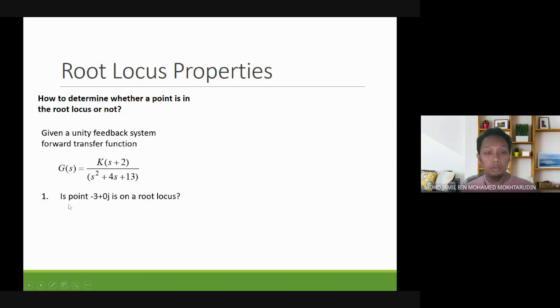Now we want to determine whether the point -3 + 0j is on the root locus of this unity feedback system. And lastly, if this point is on the root locus, what will be the value of k corresponding to this point? We can determine this by doing some calculation.